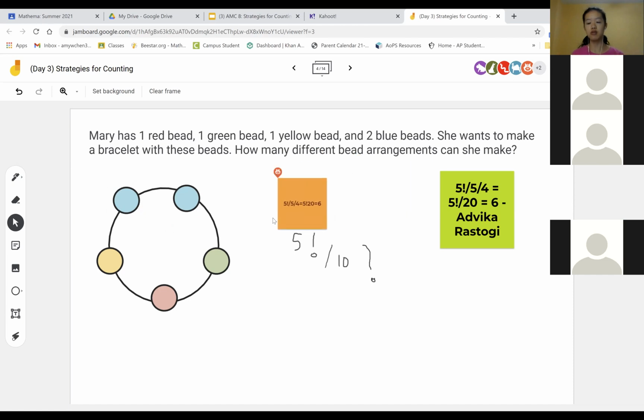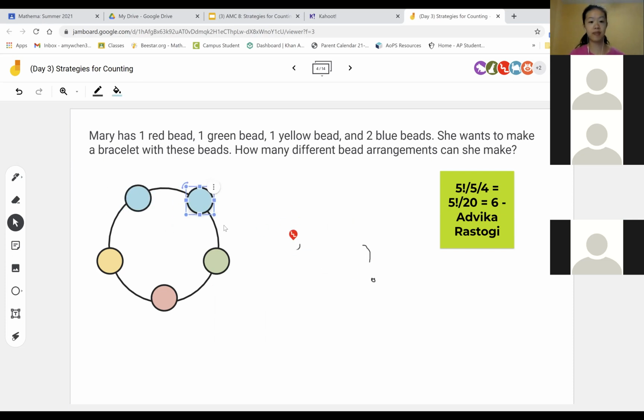Because you remember when we're arranging words, whenever we have 2 repeating letters, we divide by 2 factorial. We do the same thing here. So after we do 5 factorial divided by 10, we have to divide by 2 again. And that gives us our answer of 6. Any questions?